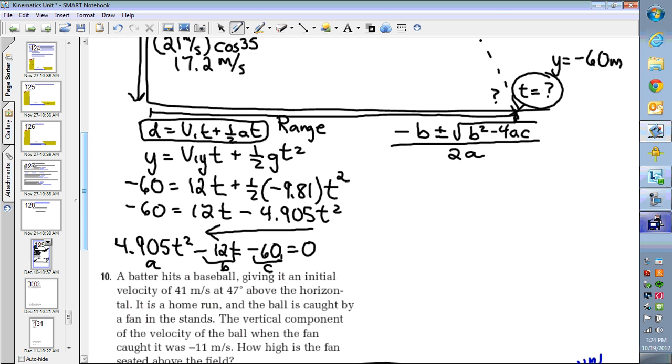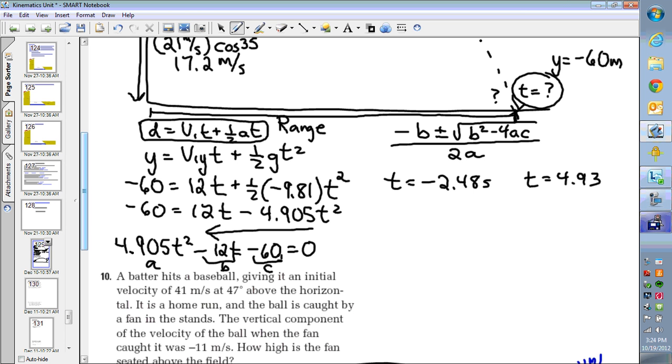Since this video isn't about solving quadratic equations, I'll just tell you what the two times are when you plug those numbers in. You get one answer of negative 2.48 seconds, and the other time is 4.93 seconds.